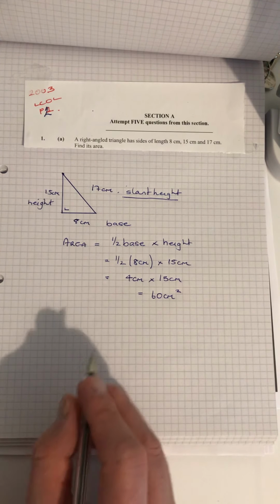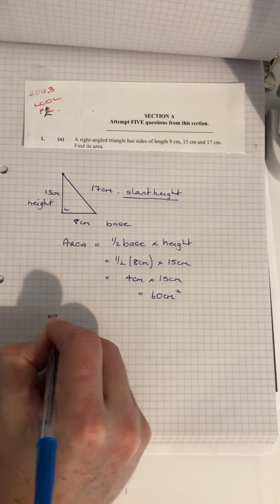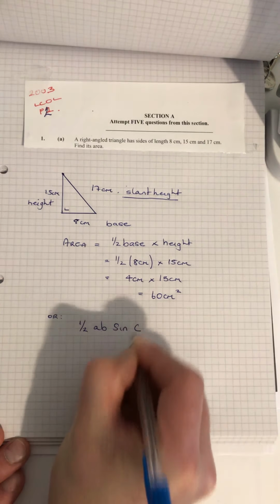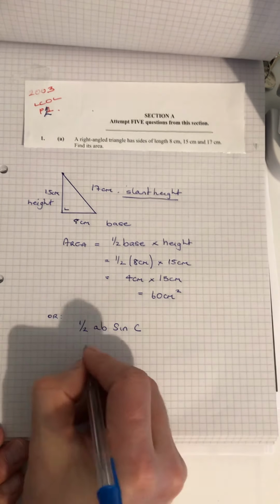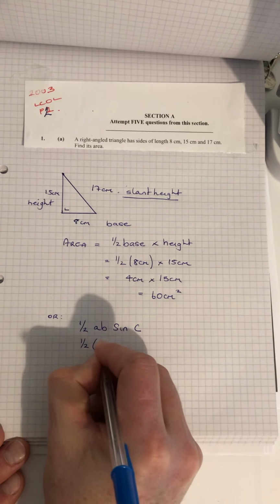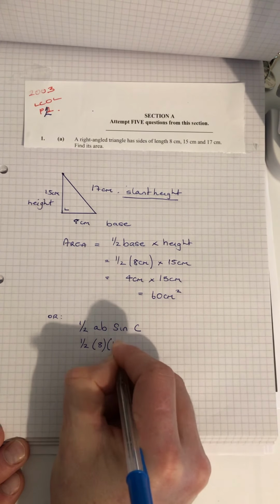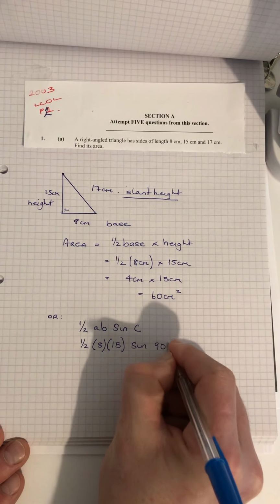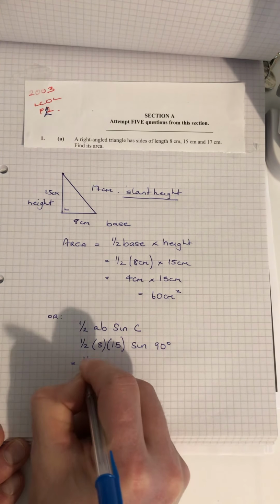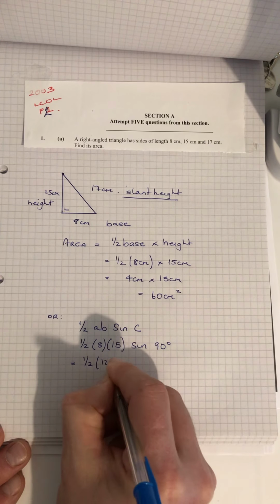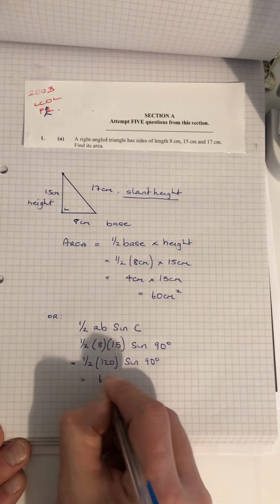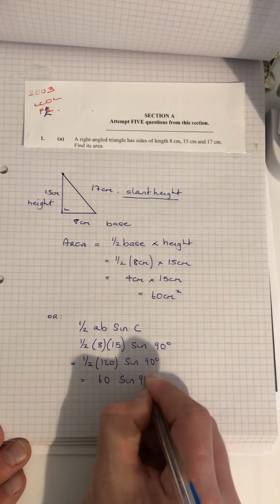Now what you could do here, the same as before, you could use the formula, a half ab sine C. So we could use a half of 8 times 15 sine of the angle in between, which is 90, which is equal to a half of 120 sine 90, which is equal to 60 sine 90.